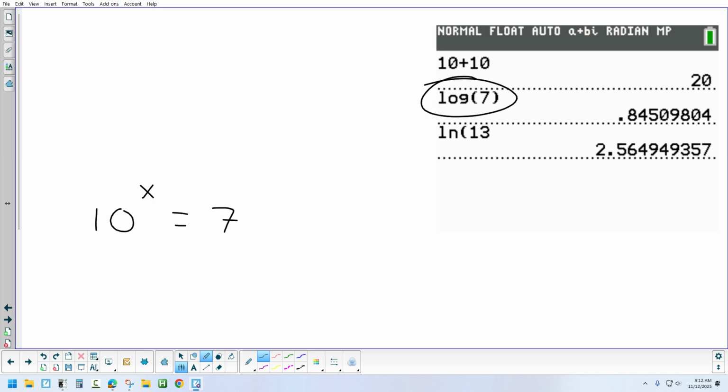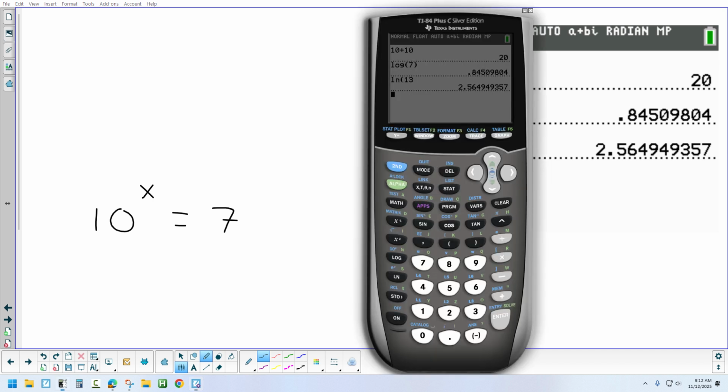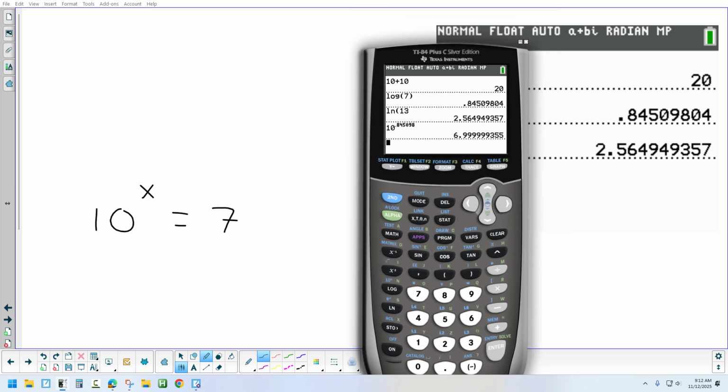If you wanted to figure out what power can you raise 10 to and get 7 as the answer, it's 0.84509. So let's try it. Take 10 and raise it to the 0.845098. And you get 7.